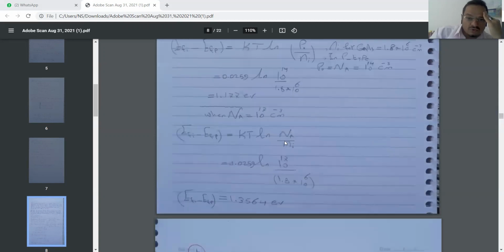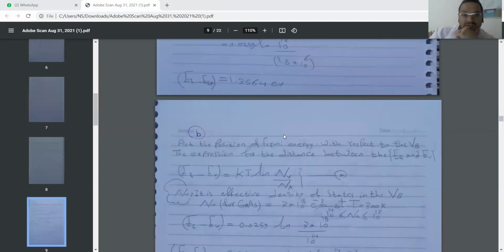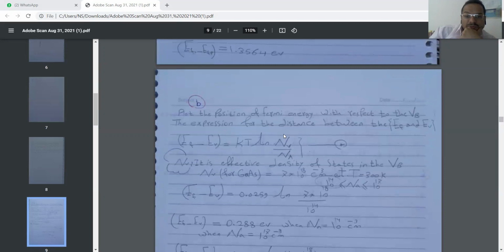Let's complete solving this B. Plot the position of the Fermi energy with respect to the valence band, the expression for the distance between EF and EV. We will depend on this equation.